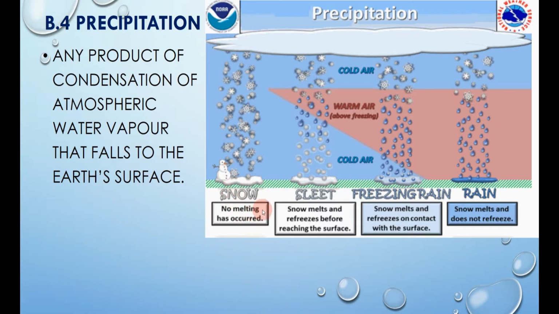Here, in snow, no melting has occurred, and in the sleet, snow melts and freezes before reaching the surface. In the freezing rain, snow melts and freezes on contact with the surface. And in the rain, snow melts and does not freeze. So, the most common here in the Philippines is the rain.